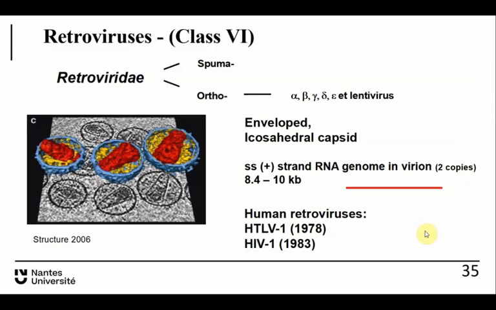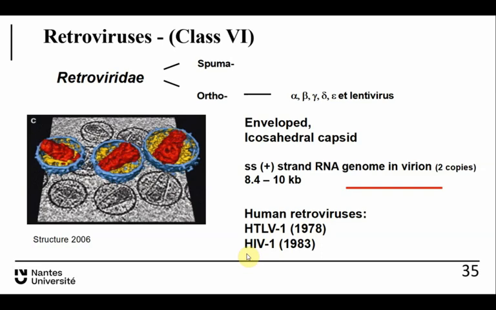Okay, so in humans, we don't have very many retroviral infections. So up until the beginning of the 1980s, there was only HTLV1, which was known, human T-cell lymphotropic virus.